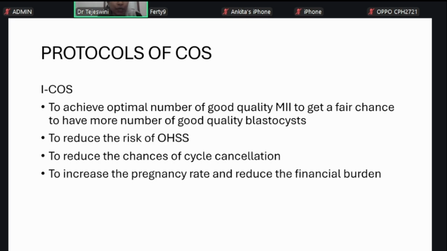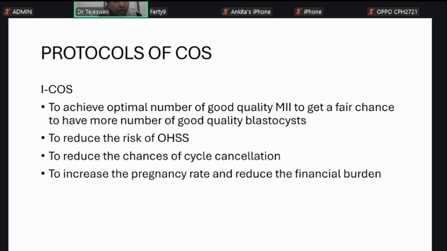To achieve optimal number of good quality M2 oocytes, to get a fair chance to have more number of good quality blastocysts, so that we can have embryos for future embryo transfer in case the pregnancy doesn't happen this cycle, and also to reduce the risk of OHSS, to reduce the chances of cycle cancellation, and to increase the pregnancy rate when we have more number of frozen blastocysts, and to reduce the financial burden to the couple, individualized controlled ovarian stimulation is preferred.